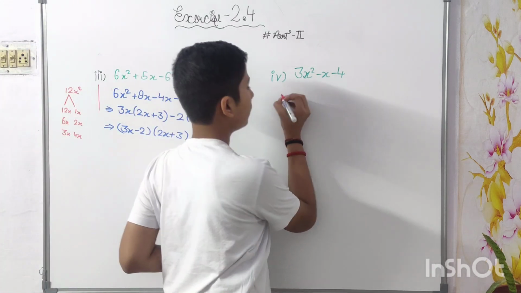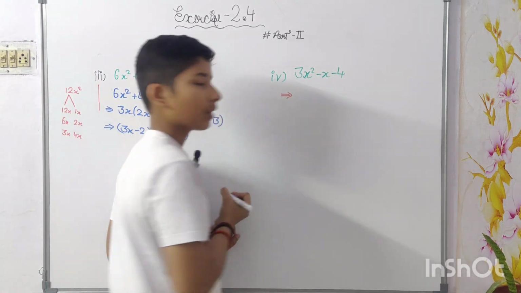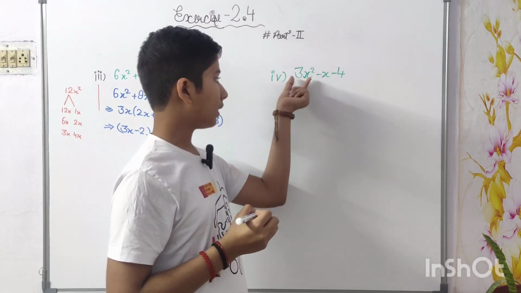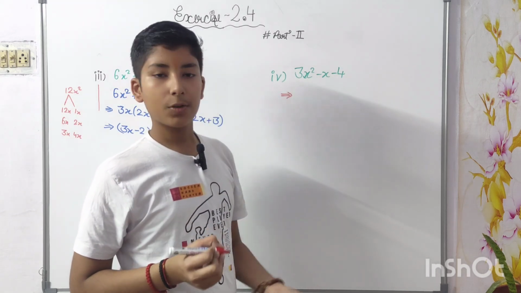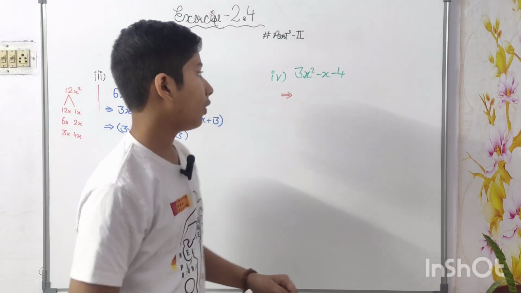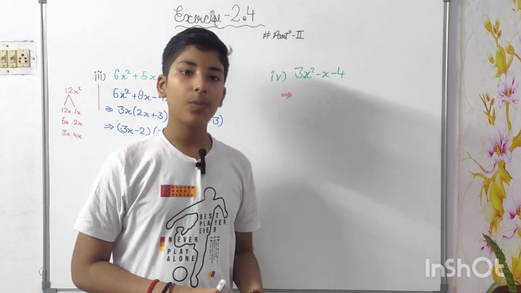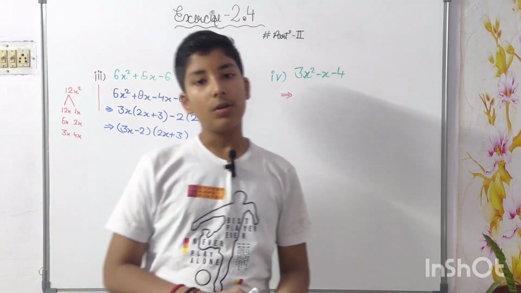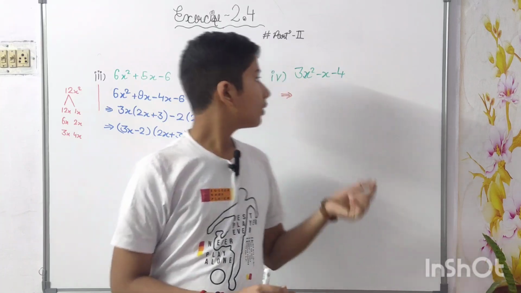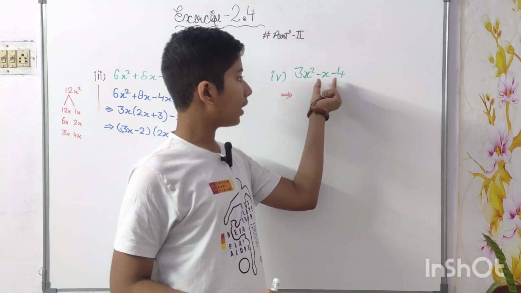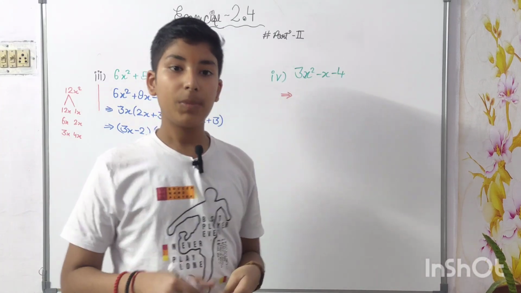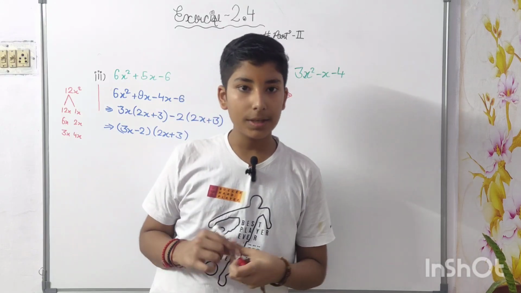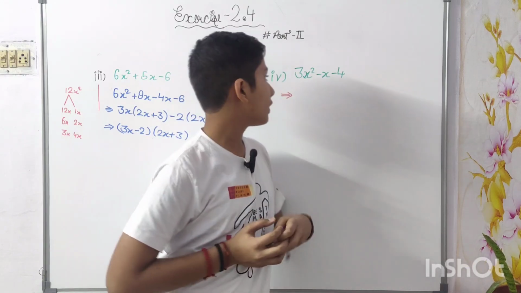Let's solve this one. Firstly, we have to see this. 3 into 4 is 12. Now we have to see an option in which if we multiply both of them the answer is always 12. So if you see 3x square and minus x, it means the greater one is negative and the smaller one is positive.